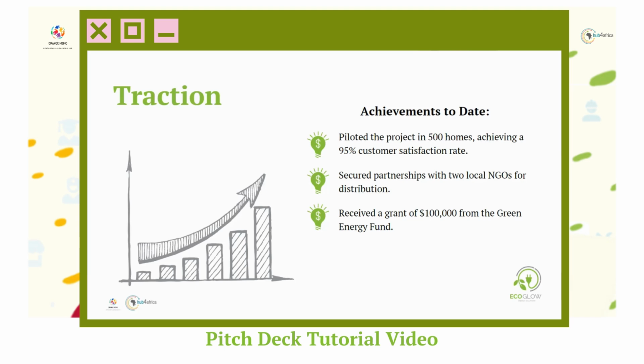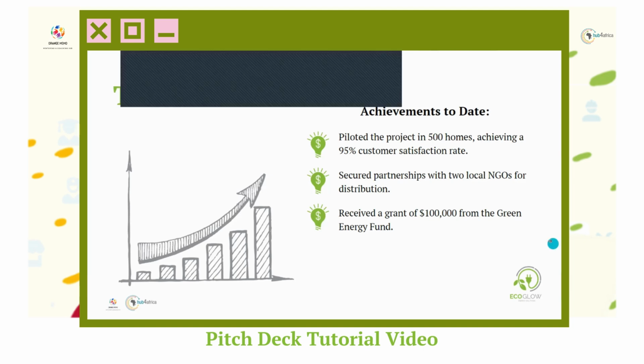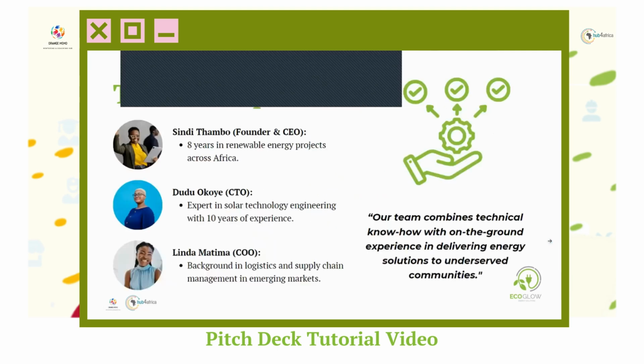For example, we've already piloted the product in 500 homes with a 95% satisfaction rate. This slide is all about proving that your business is gaining momentum. You're proving you have done something prior to looking for investment, funding, or partnerships.